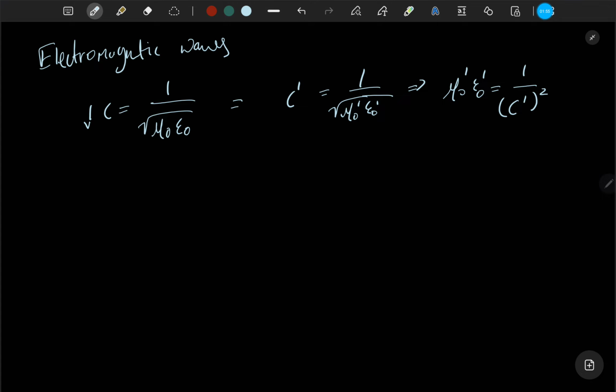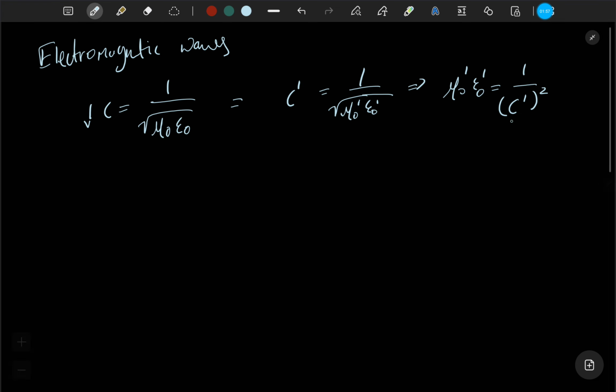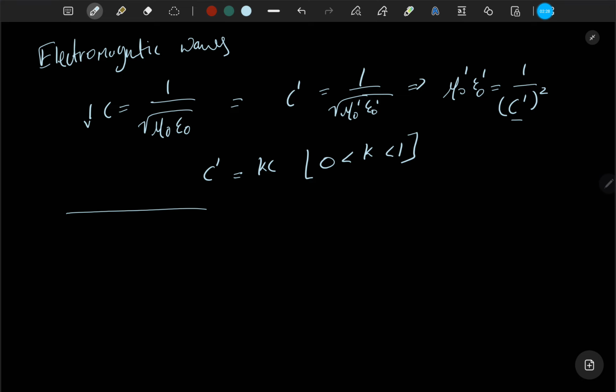So now let's define the slowdown factor, so k is obviously in between 0 and 1. Okay, so that's already a really huge statement. Vacuum itself changed its electromagnetic properties. And there's a deeper issue than that.